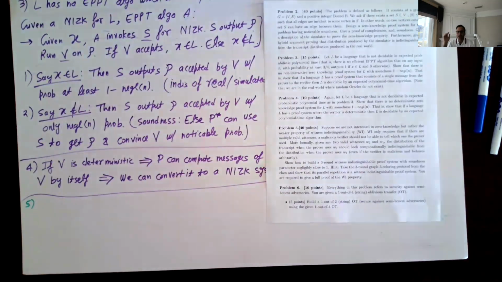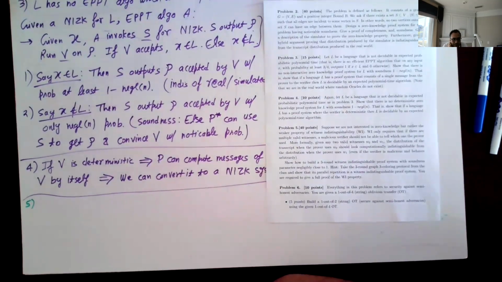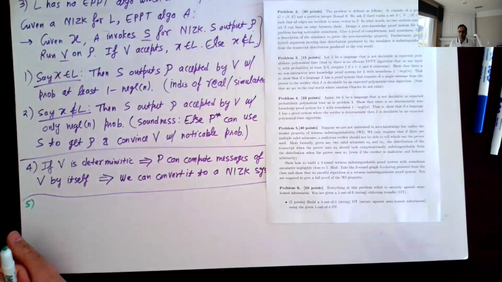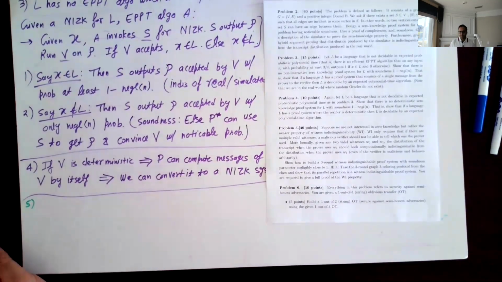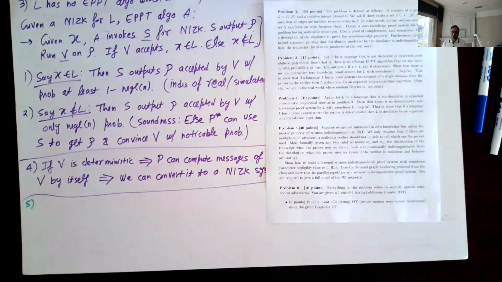So normally in zero knowledge, we want to make sure that the verifier learns absolutely nothing from the prover. The whole interaction can be computed by the verifier on his own. In witness indistinguishability, maybe there are two possible witnesses. Prover wants to hide which of these two witnesses they are using.